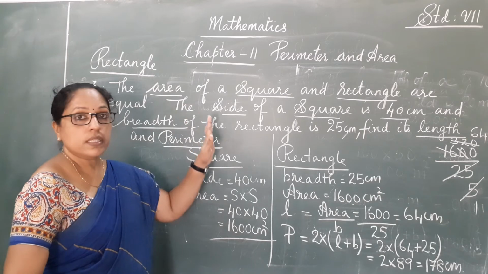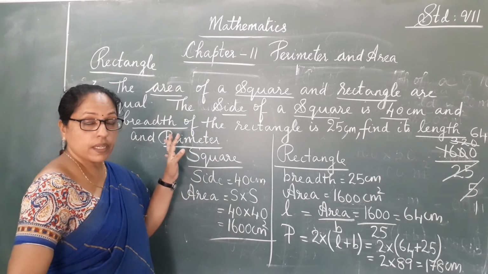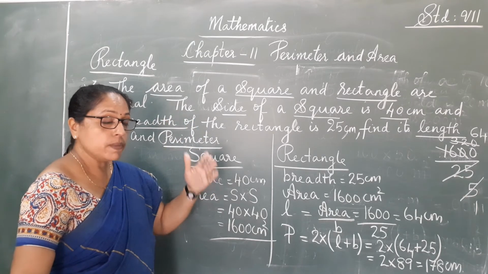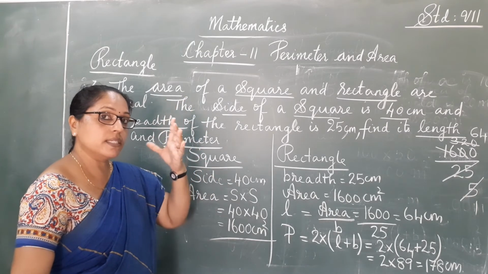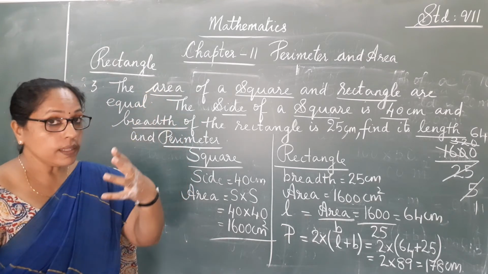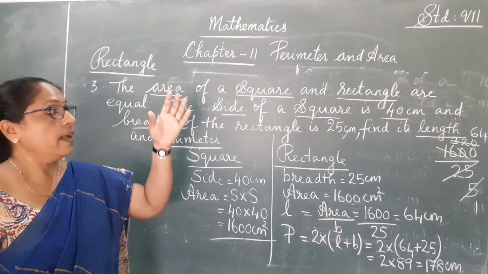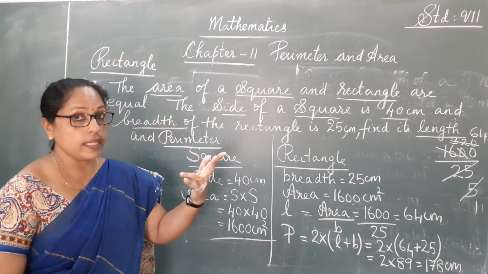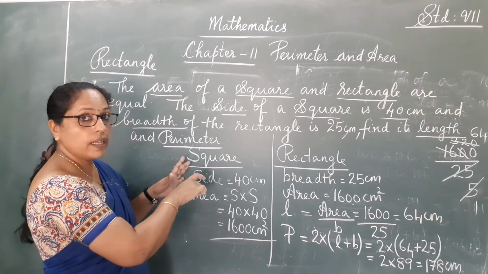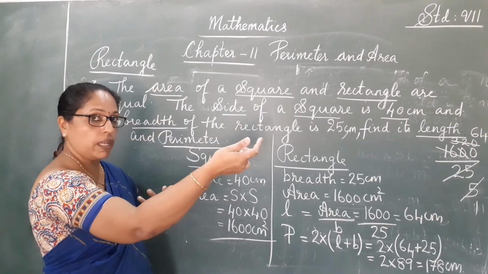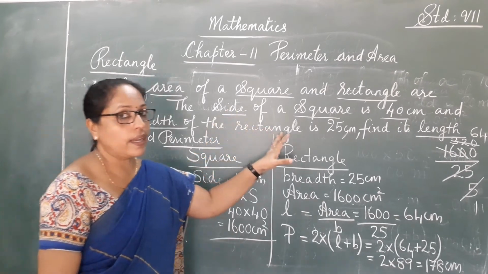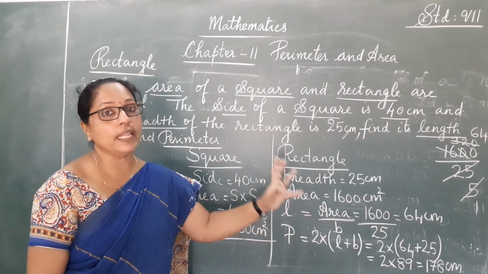Okay, so we have discussed 3 problems here in rectangle and 3 problems in square. To do the problems, first you have to understand the concept, perimeter and area, and under that learn all the formulas related to it, read the question twice, underline the important points, write the given things, and then connect it with a formula, whether it is a perimeter or area related problem, and then start solving the question very carefully.